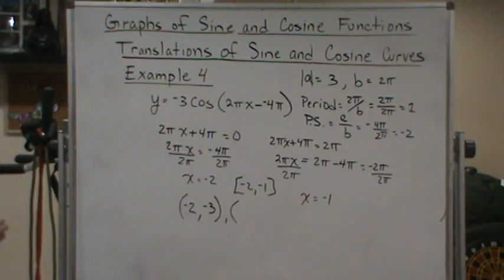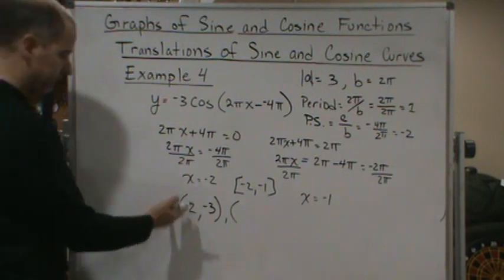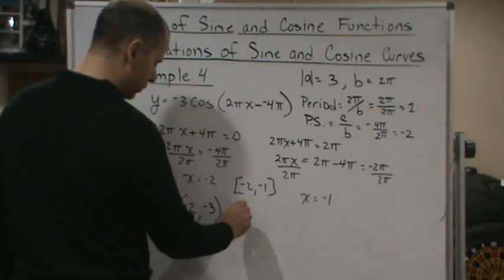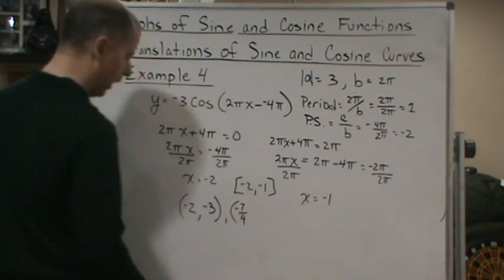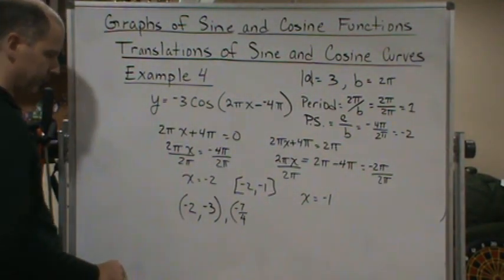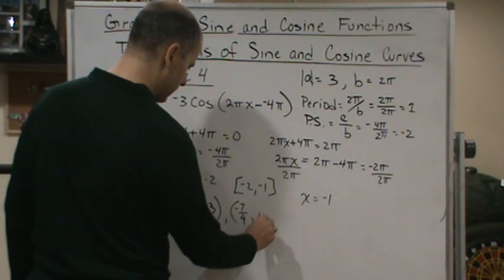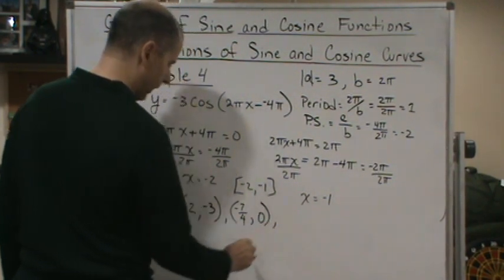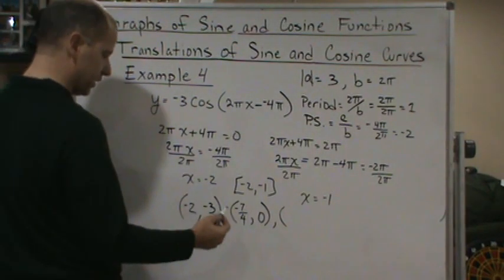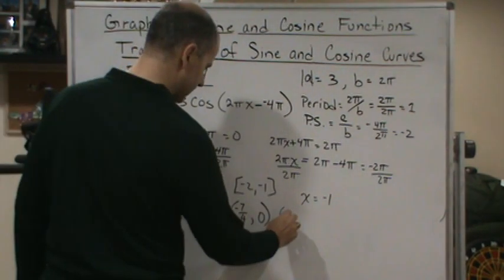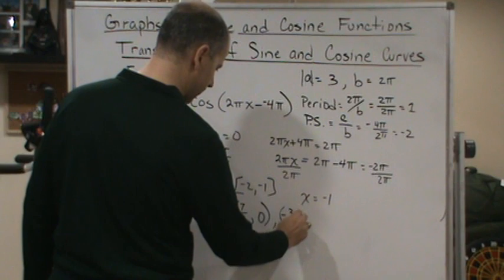So negative 2 is the same as negative 8/4. So the next one is going to be negative 7/4, so we're going up by a fourth, right? And then it's going to be 0. And then the next one is going to be negative 6/4, but that's the same as negative 3/2.